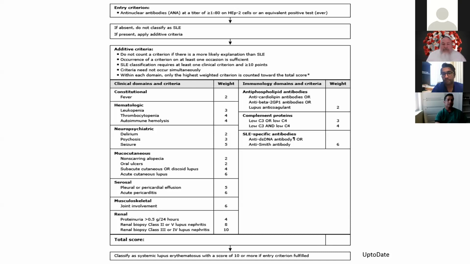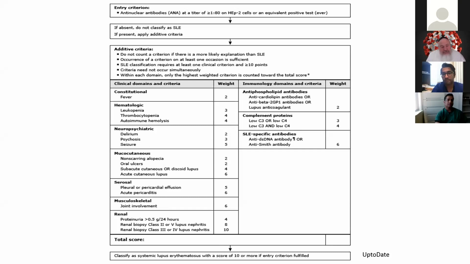Now, as you can see in the clinical domains, we have constitutional, like fever, and hematological manifestations like leukopenia, thrombocytopenia, autoimmune hemolysis. In the neuropsychiatric domain, we have delirium, psychosis, seizure. Mucocutaneous includes non-scarring alopecia, oral ulcers, subacute cutaneous or discoid lupus, or acute cutaneous lupus.